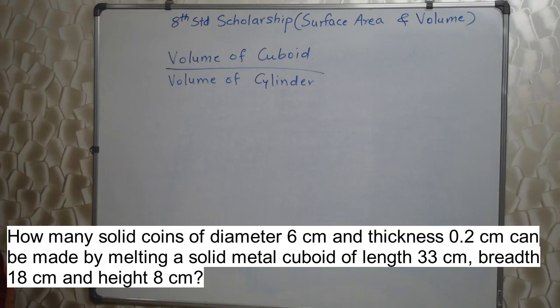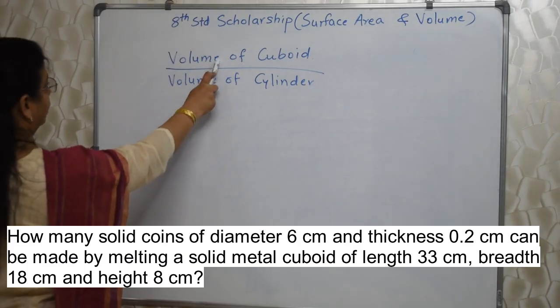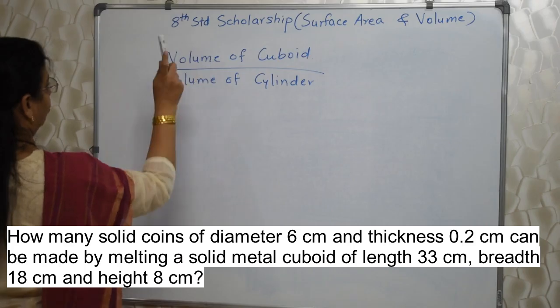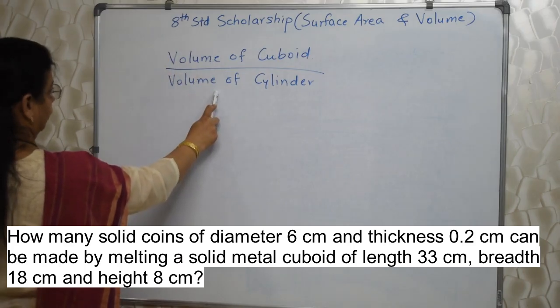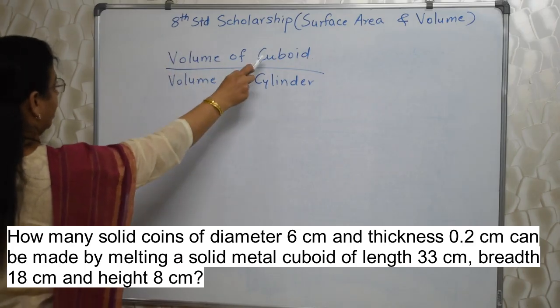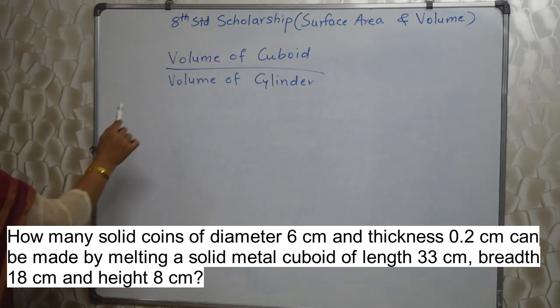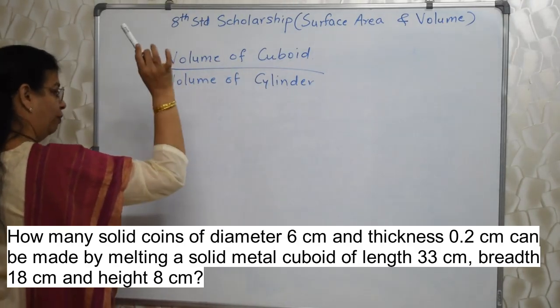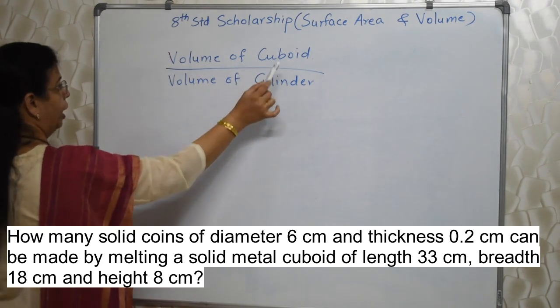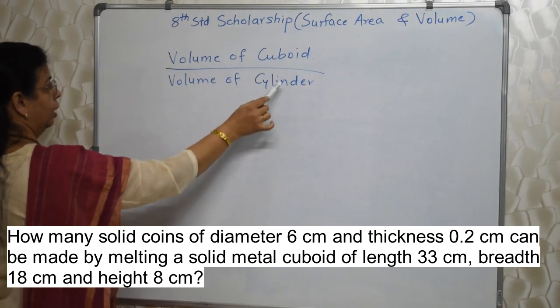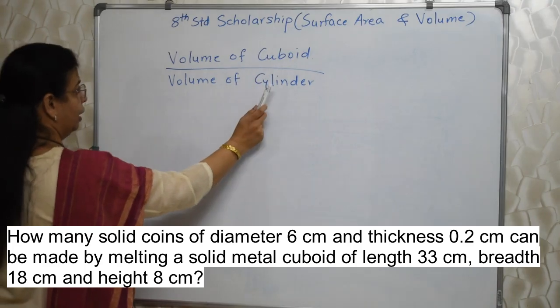So whenever we want to make something small from a bigger thing, we need to find out the volume of the bigger thing and divide that volume by the volume of the smaller thing. Okay, whatever it is, depending on the shape, your formula will change. This division will not change. You have to divide this cuboid and cylinder depending on the information given in the sum.